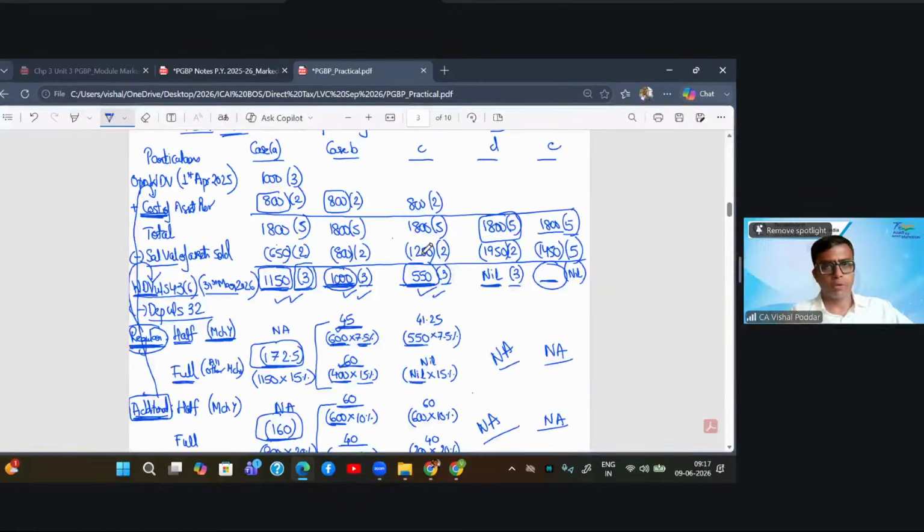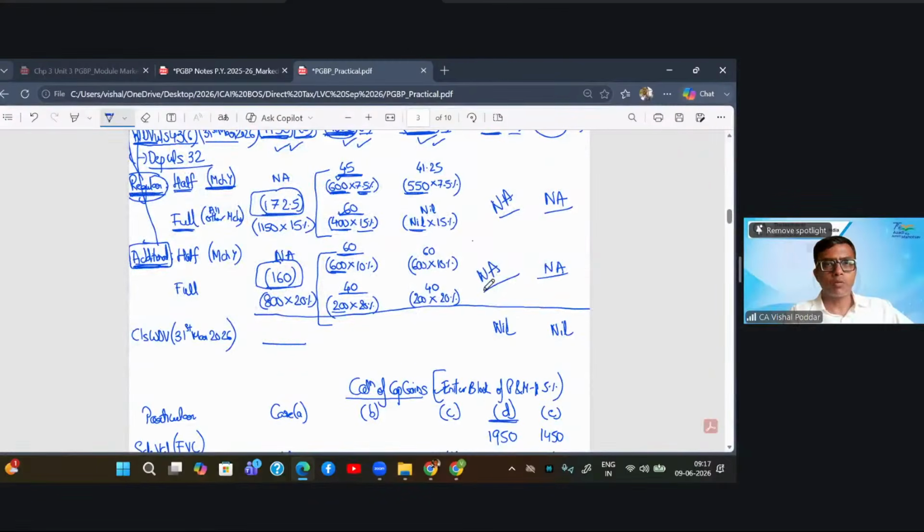So regular will be there. While calculating additional, you will see whether X is there, Y is there. If X is there, you will take full. If Y is there, you will take half. Whichever machine, X or Y, is not there, you will not take that additional depreciation. Right? Clear now? Yes, sir. Thank you, sir. Perfect.